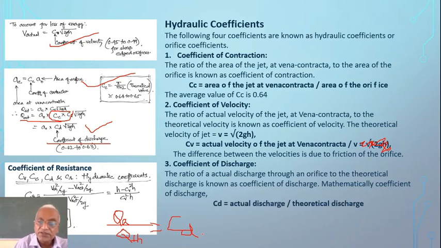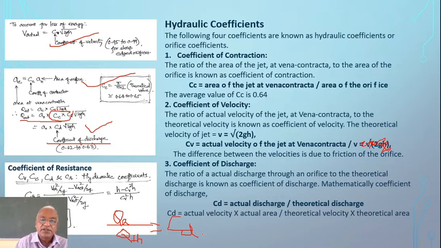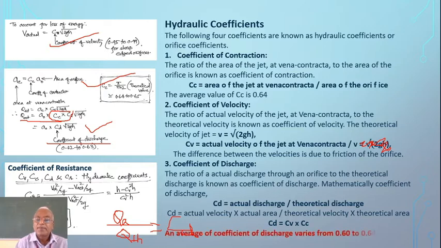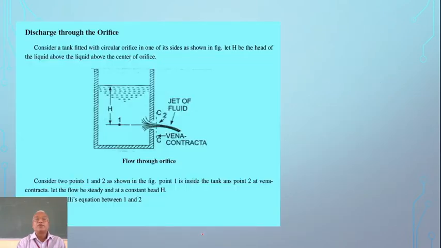Cd is actual discharge divided by theoretical discharge. Cd will be actual velocity into actual area divided by theoretical velocity into theoretical area. So that comes out to be Cv into Cc. An average coefficient of discharge varies from 0.6 to 0.64. That is what the hydraulic coefficients are. The fourth one is coefficient of resistance. Already I have told about that.